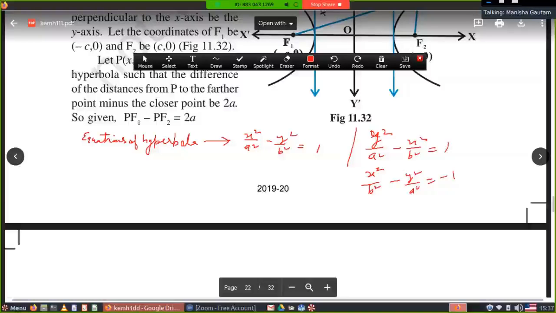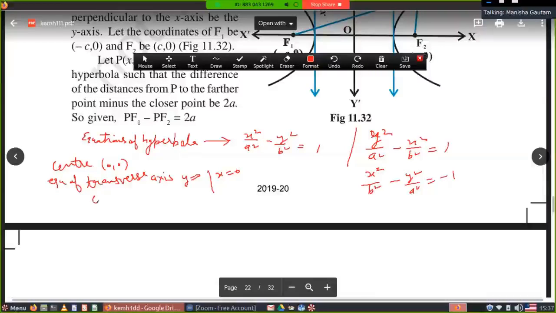Now the center is always 0, 0. Equation of the transverse axis: when it is horizontal, it is y is equal to 0, and when it is vertical, then x is equal to 0.